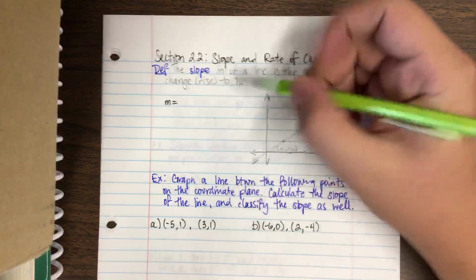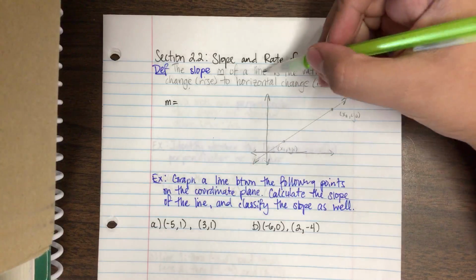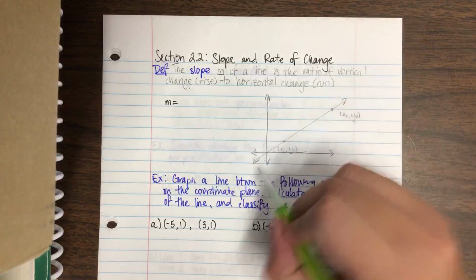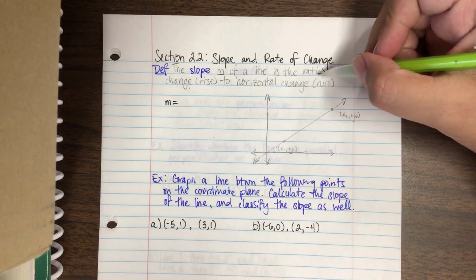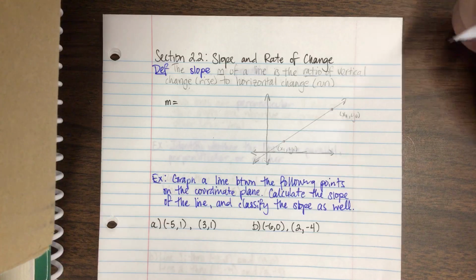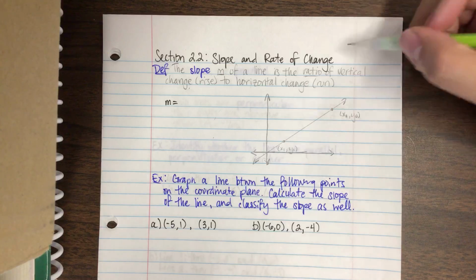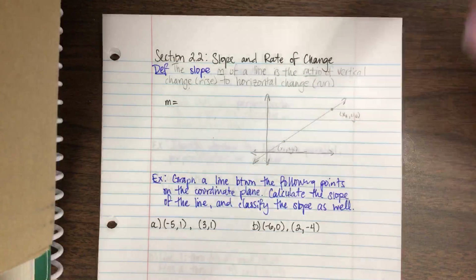The slope, and we denote slope as the letter m, of a line, so the lines that we graph on our coordinate plane, is the ratio. If you remember what a ratio is, we're comparing two numbers, usually represented in fraction form, okay? A ratio of vertical change, so you might have heard slope as rise over run.